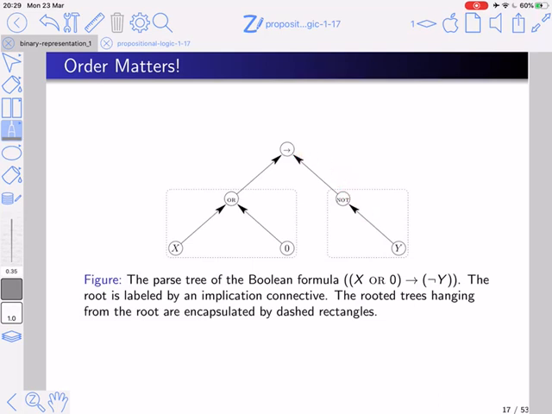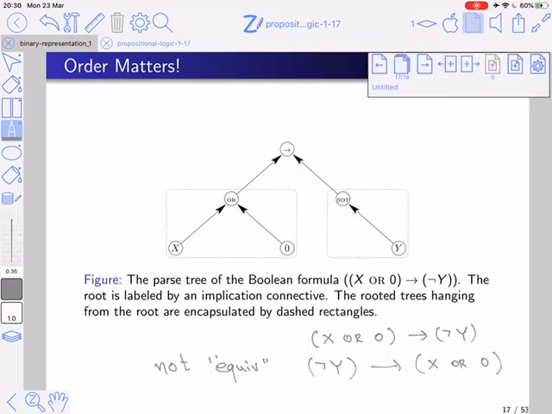Because if we were to transpose them, we would get a different formula, which would not be equivalent, because implication is not commutative. So you cannot expect x or 0 implies not y to be equivalent to not of y implies x or 0. Order matters, and this is important.